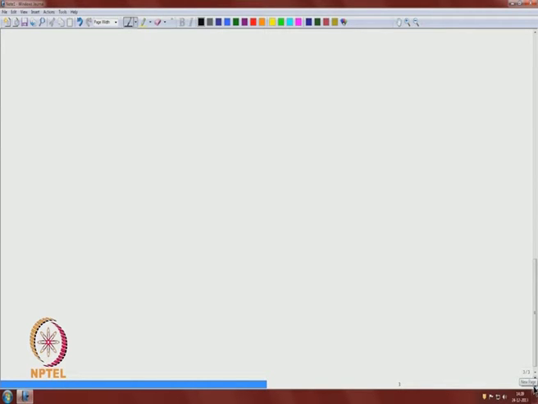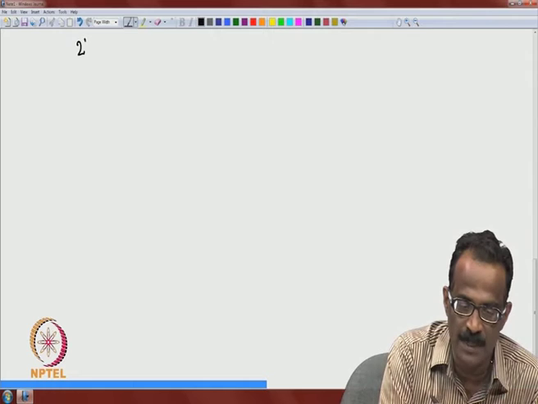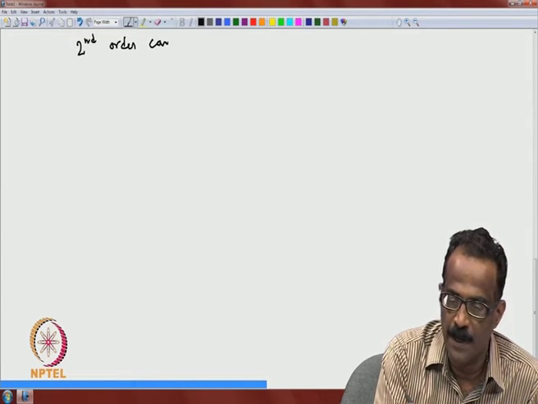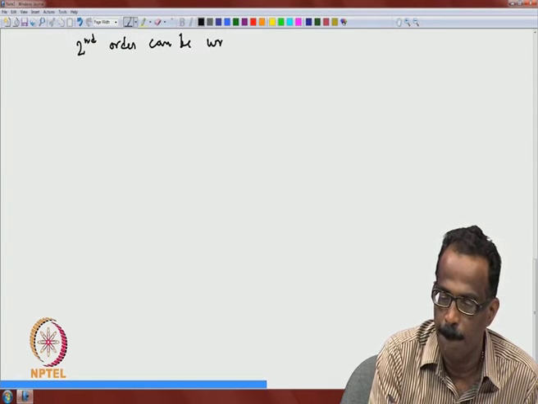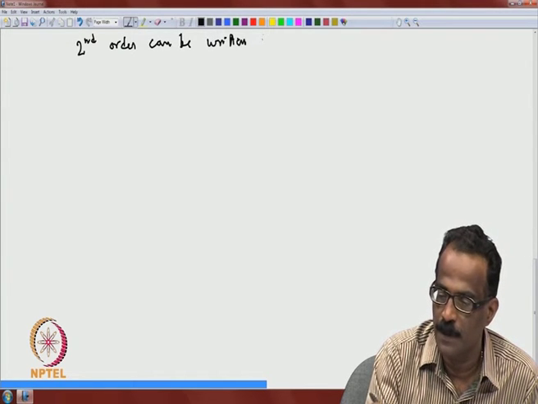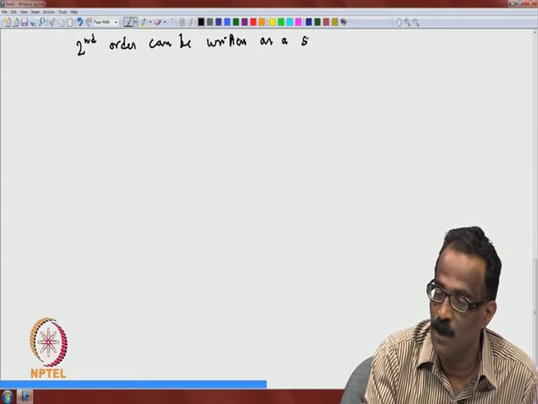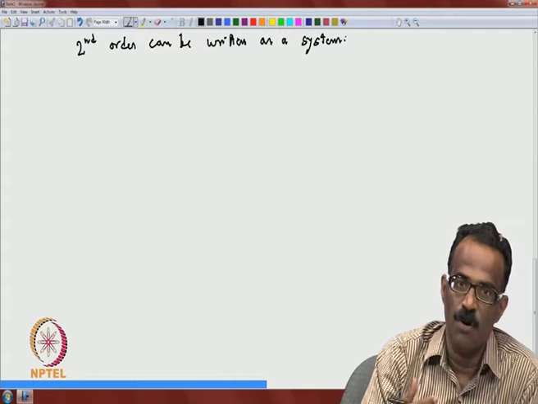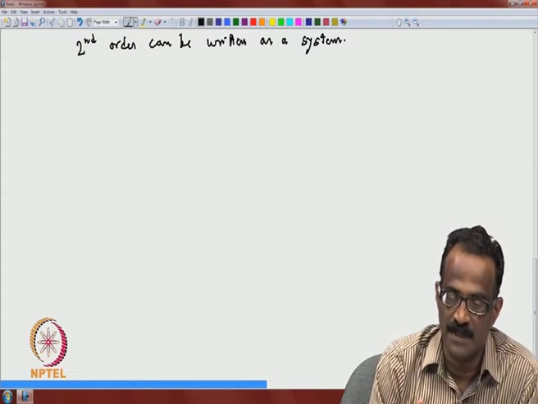How do you get that one? A second order equation can be written as a system. This is also true for nth order equation. We will recall all these things later when we study general systems.